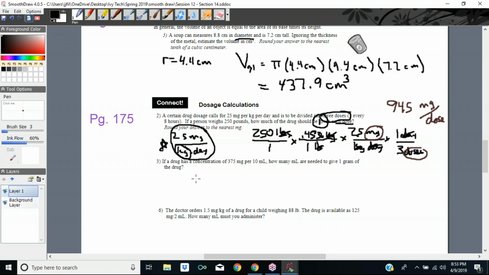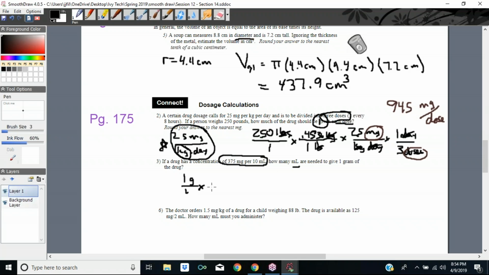All right, so number 3 says if a drug has a concentration of 375 milligrams per 10 milliliters, how many milliliters are needed to give 1 gram of the drug? So we're going to start with the weight again, 1 gram. We need to change it to milliliters because that's what's in this conversion factor.